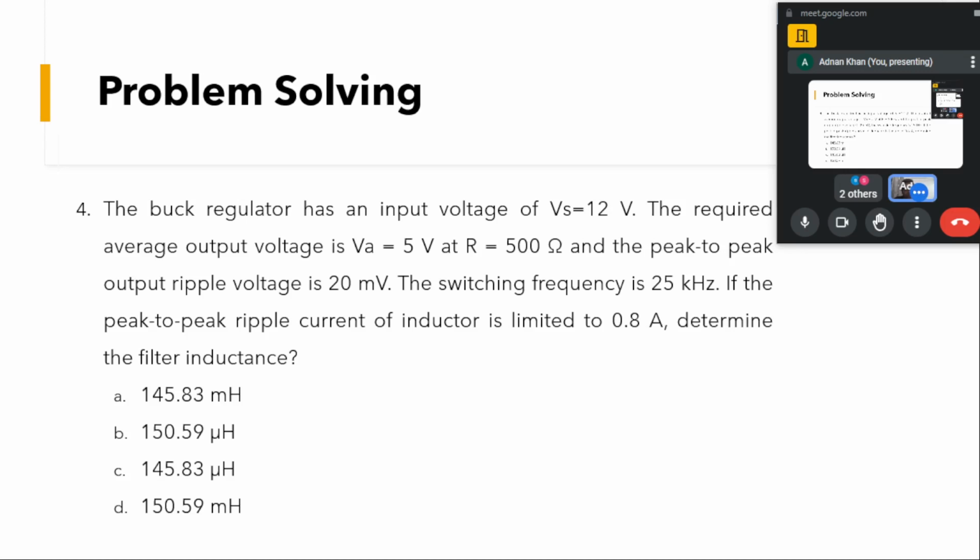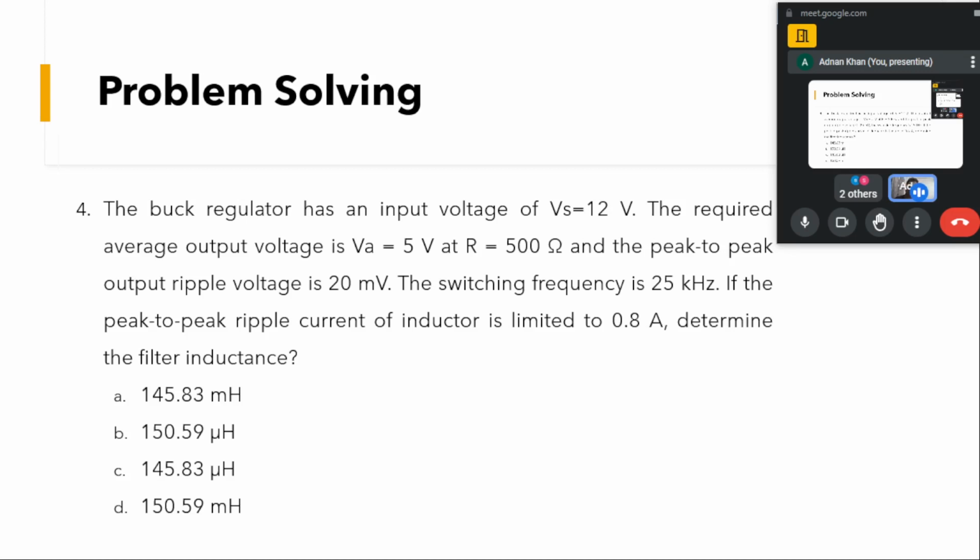We are operating at 25 kilohertz, and the peak to peak current ripple is limited to 0.8 amps. For that we need to calculate the value of the inductor so that the ripple in the current equals 0.8 amps.